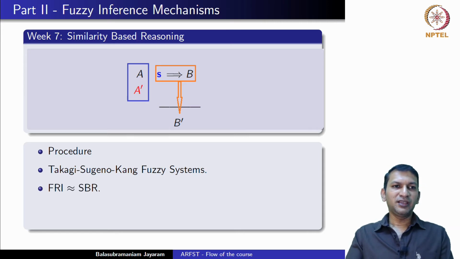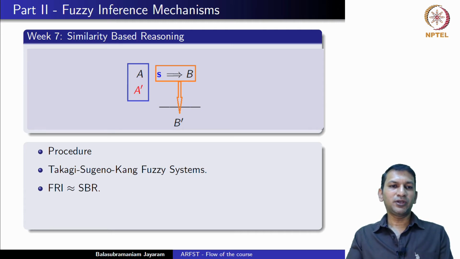We will also see some situations wherein a fuzzy relational inference is actually equivalent to a similarity based reasoning scheme. And this equivalence has very interesting implications, especially in computational complexity.